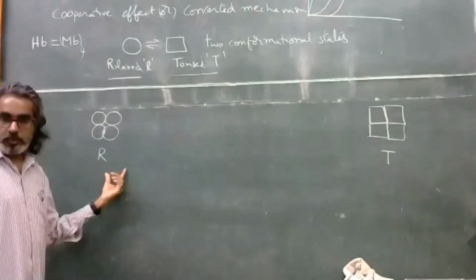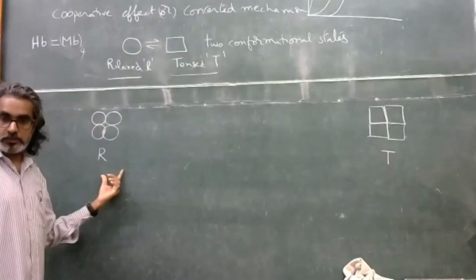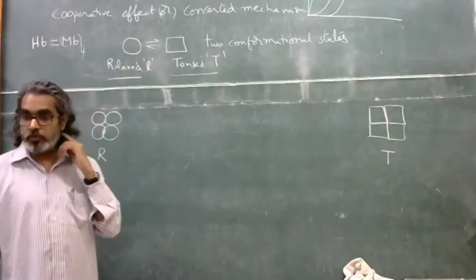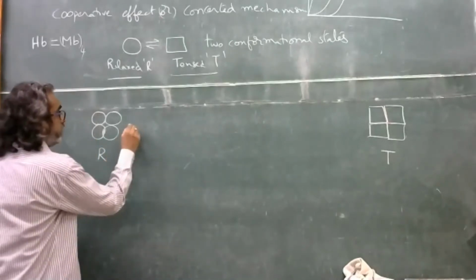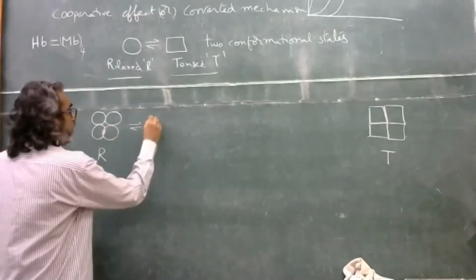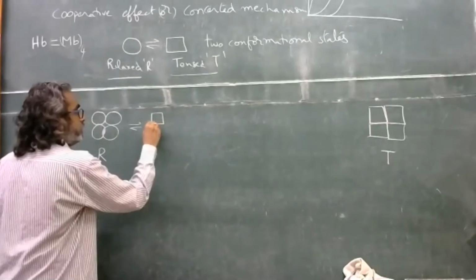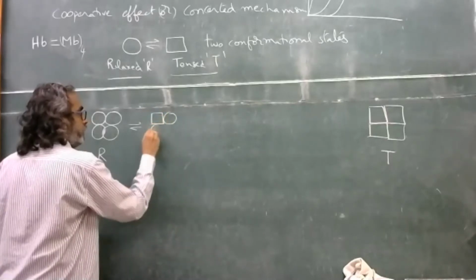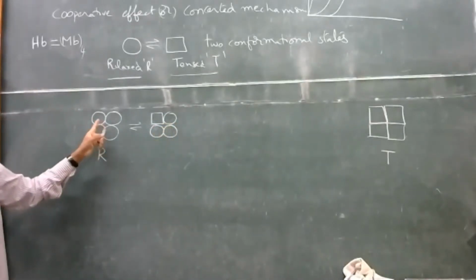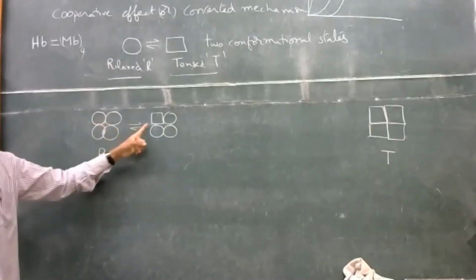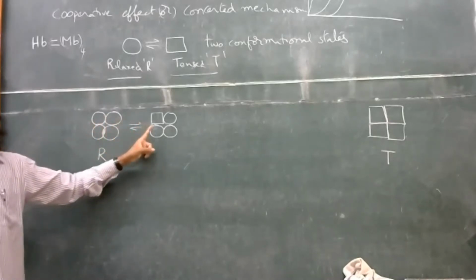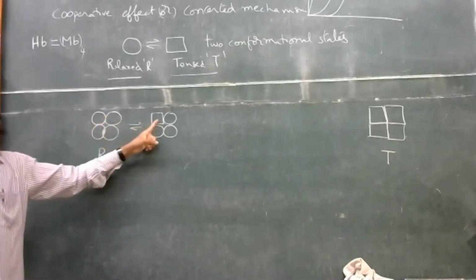So the extreme states are relaxed, where all 4 units are in the relaxed state, or one conformational state where all 4 units are tensed. But now you can write a sequential equilibrium where only one of them turns at a time. Okay, so in this case, one unit turned from circle to square, meaning that only one unit in the tetramer converted from relaxed to tense conformation.